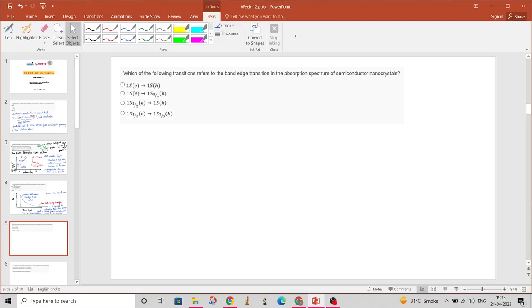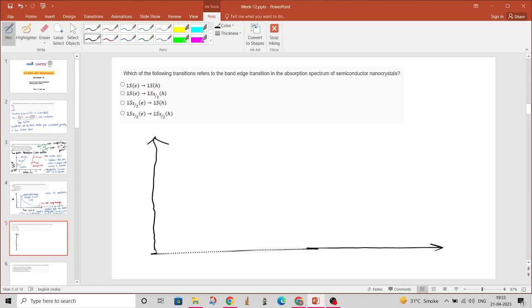So now let's see the absorption spectrum. My pen is automatically drawing dotted lines.